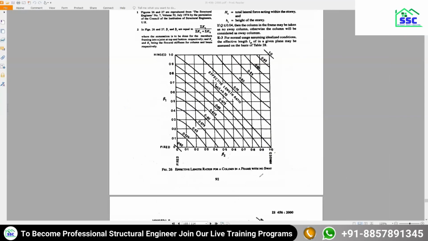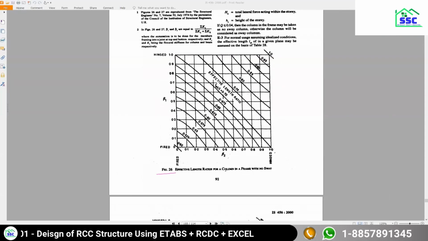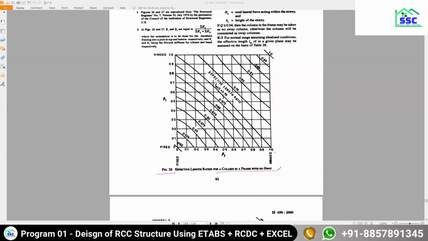One is Figure 26, which is for a column in a frame with no sway. This is the figure to be used for a frame in the category of non-sway, so this is what we are going to use right now.